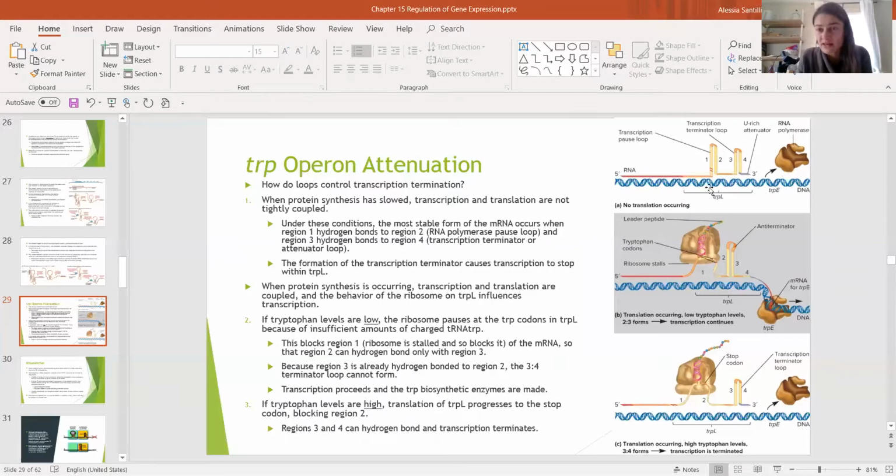You can see these different stem loops are made, and whether we have a terminator loop or an anti-terminator loop, that allows for either the continuation of transcription with an anti-terminator loop or the inhibition of transcription with a terminator loop. So just to show you that the secondary structures that were found in mRNA can indeed control how transcription proceeds.